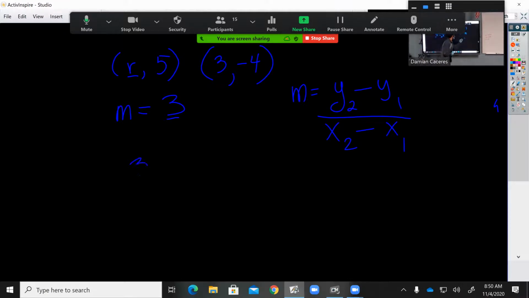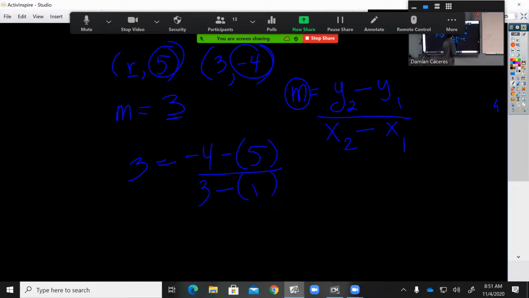So now, 3 goes where m is, because the slope is 3. So we have 3 equals -4 minus 5, because it's the second y minus the first, and 3 minus r, second x minus the first.